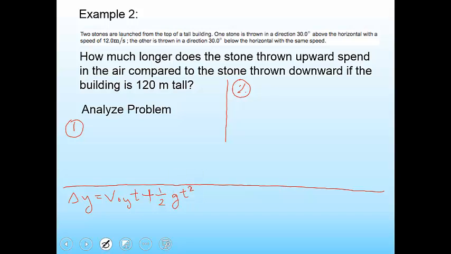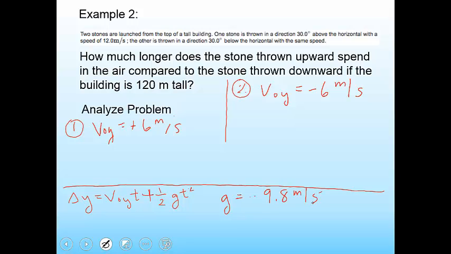And then the difference is v naught y is equal to plus 6 meters per second for stone 1, and v naught y is equal to minus 6 meters per second for stone 2. And the other things are the same. g is equal to minus 9.8 meters per second squared. Delta y is equal to minus 120 meters. And we're looking for t for both of them.